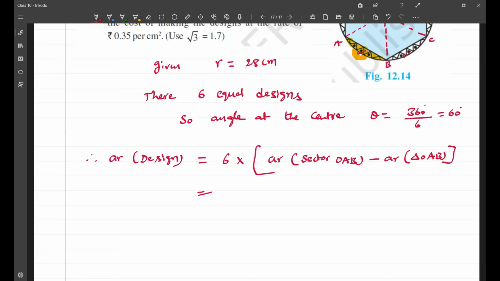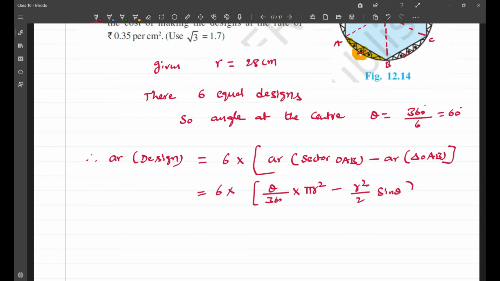As we know, area of sector is theta by 360 degree multiplied by pi r square, minus area of triangle, that is r square by 2 sine theta.